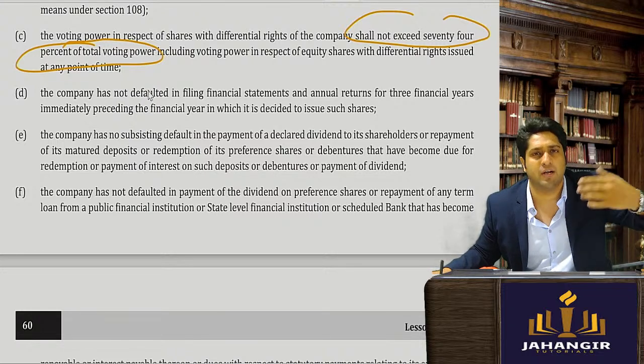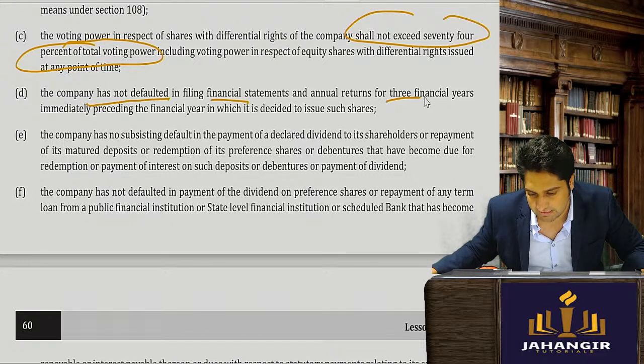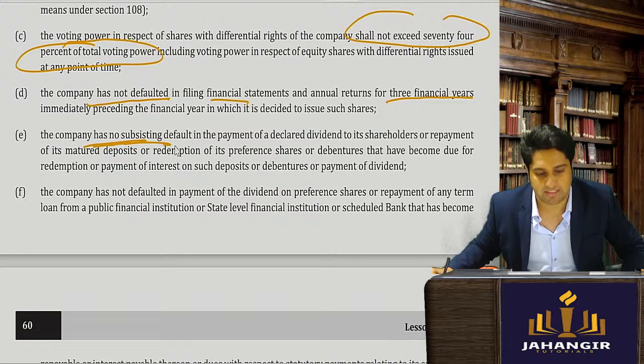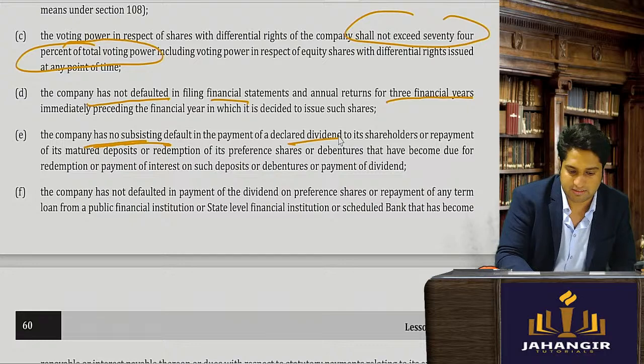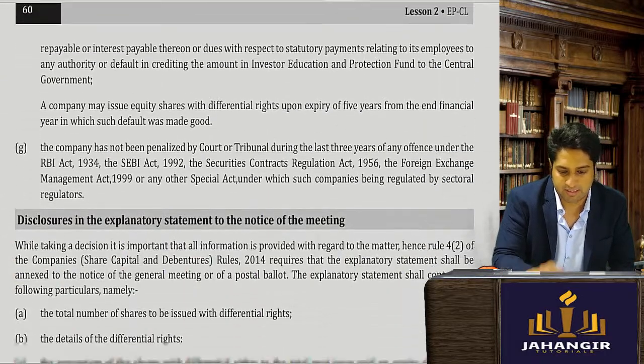The company should not have defaulted in this, that, etc. The company has not defaulted in filing financial statements for 3 financial years. Then the company has no subsisting default. So an existing default should not be there for declaration of dividend, etc. The company has not defaulted in payment of dividend, preference shares, any kind of deposit.